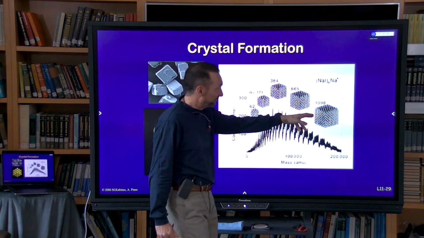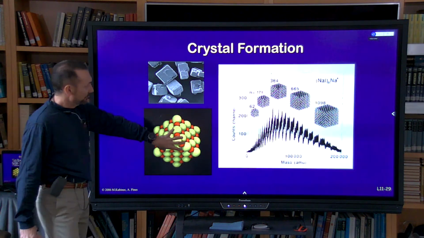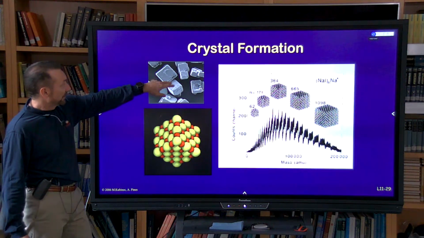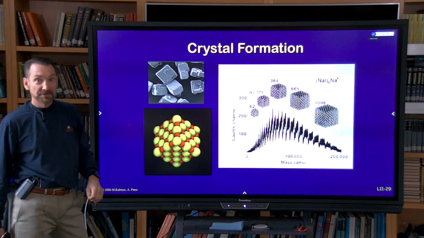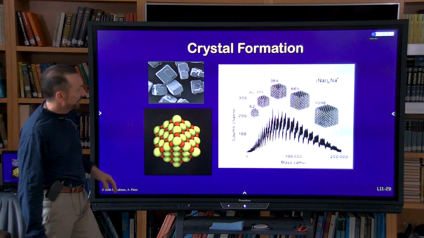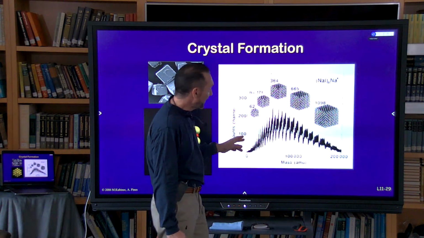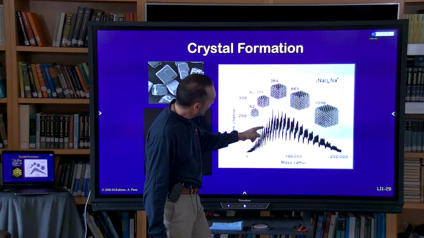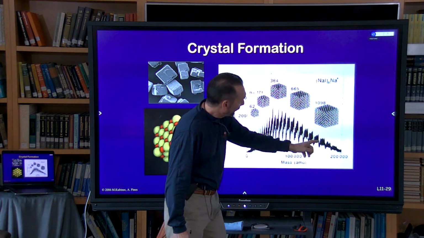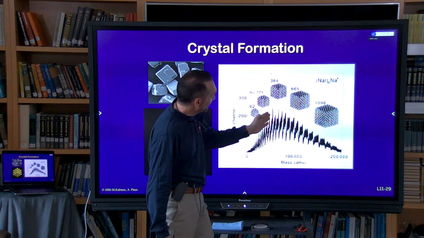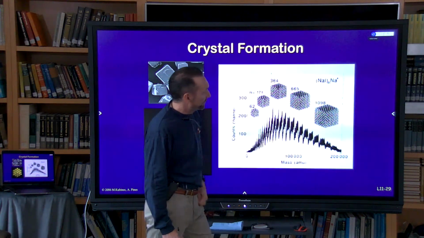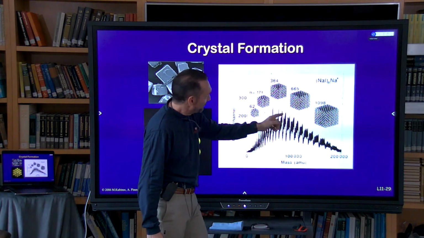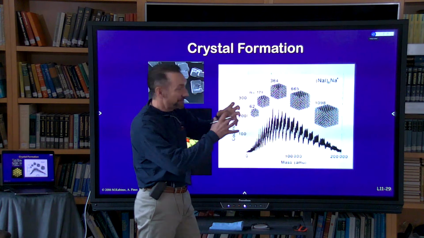It's just neat that these form cubes as the most stable structure. And here's an electron micrograph of the cubic structure of salt, many salts. And here it is for sodium iodide. And it's interesting that if you look at the salt forming and you do a kind of mass spec experiment on it, the salt prefers certain size crystals.